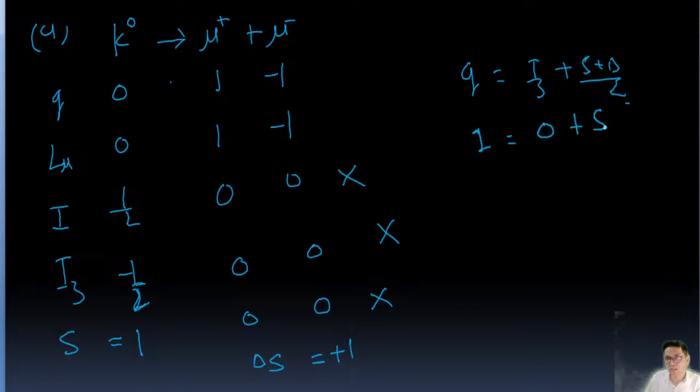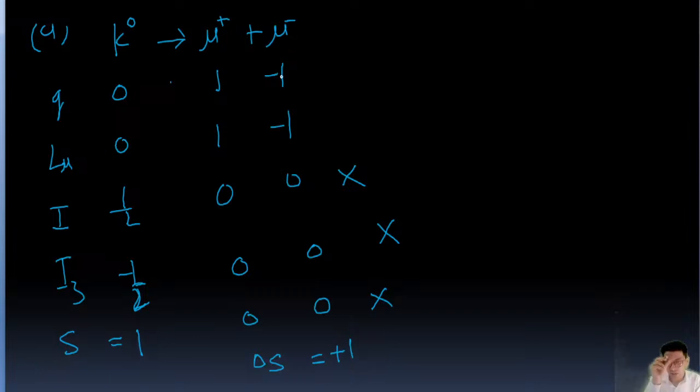And S is this, and this is not a baryon, right? This is 0 by 2. So for strangeness, for the mu plus and mu minus, these are leptons, guys. So for this value, strangeness is 0, guys.